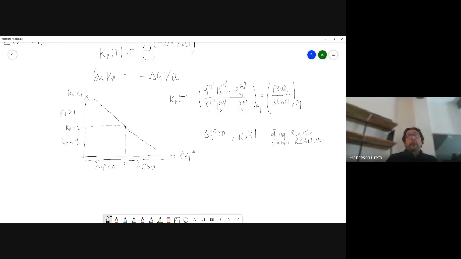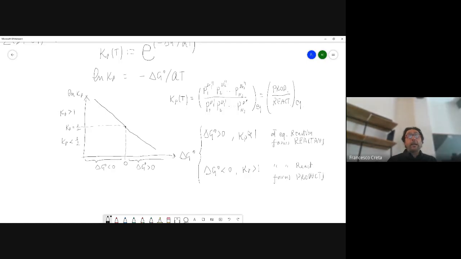On the other hand, if delta G0 is less than 0, Kp is clearly bigger than 1, so at equilibrium the reaction favors products.